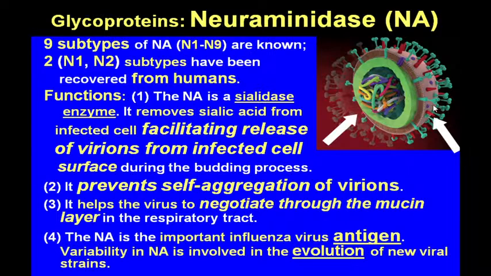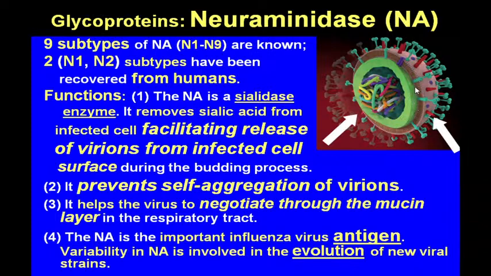It has the ability to split the sialic acids from the receptors on the surface of the human cell, and by this it may mediate the more proper attachment or facilitate the attachment of the viral hemagglutinin to the particular receptors.